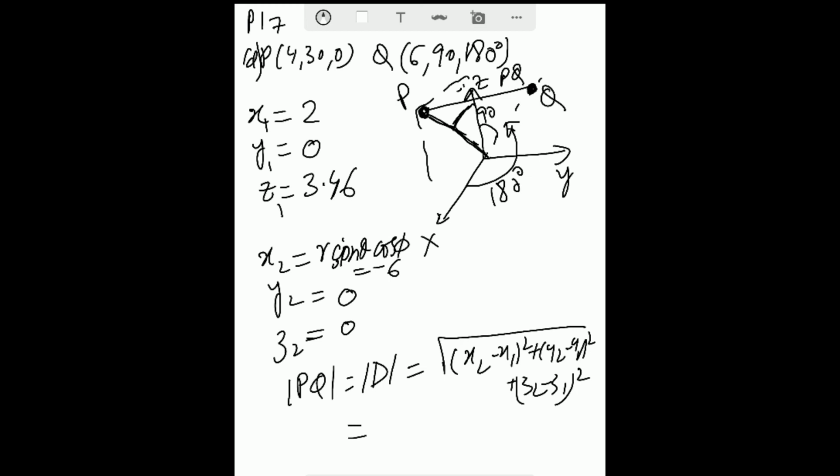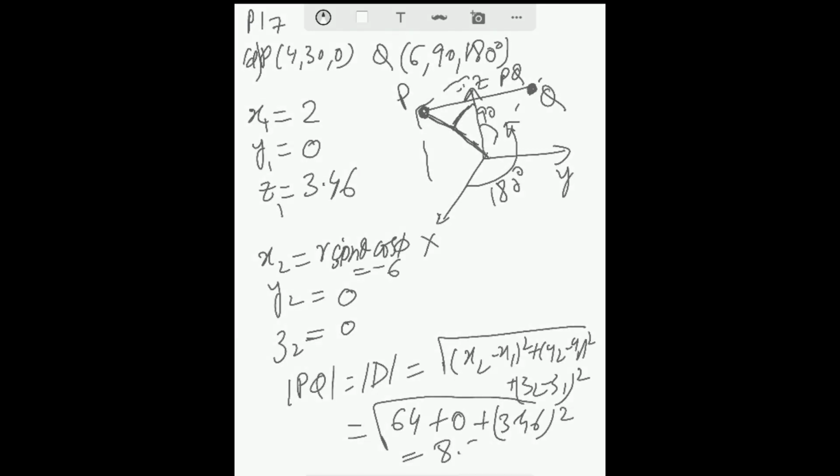That is equal to 2 plus 6, so minus 6 minus 2, 8 squared, plus 0, plus 3.46 squared, under the root, and this comes out to be equal to 0.7.